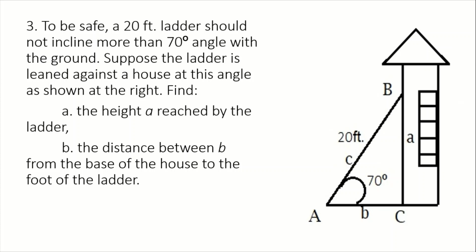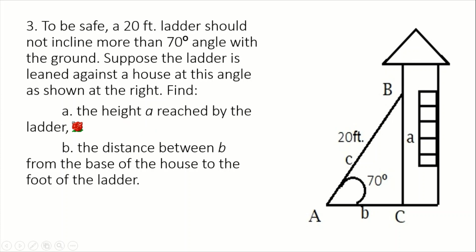Alright? There are also times when the given problem is like this. To be safe, a 20-feet ladder should not incline more than a 70-degree angle with the ground. Suppose the ladder is leaned against a house at this angle as shown at the right.